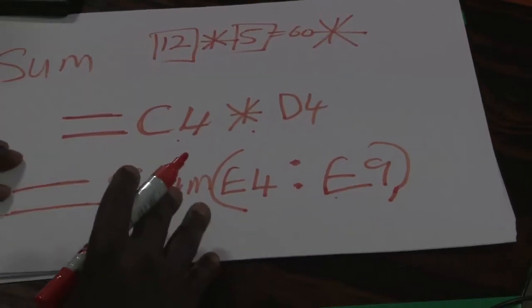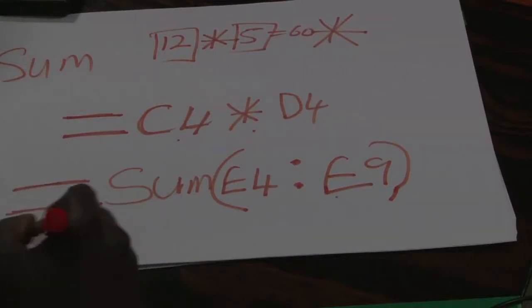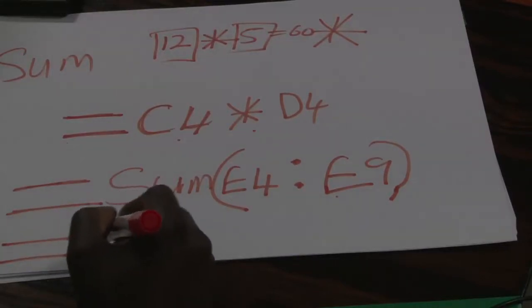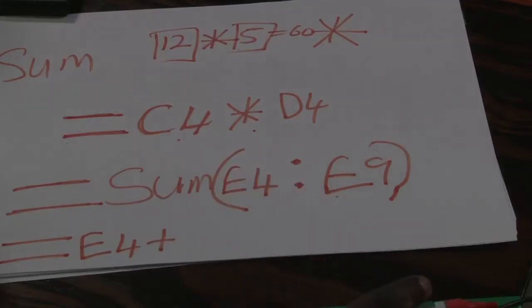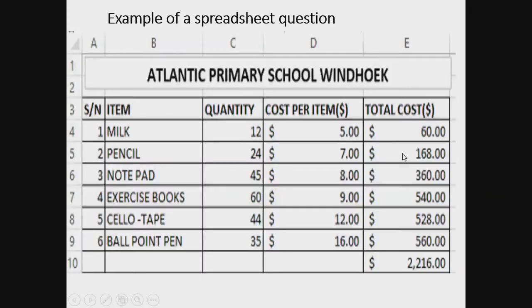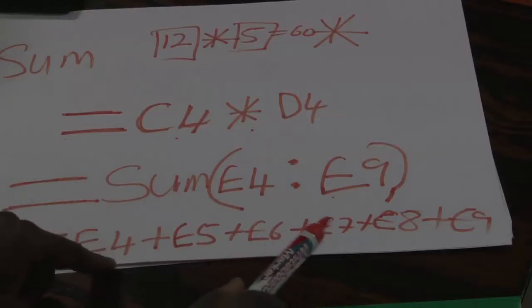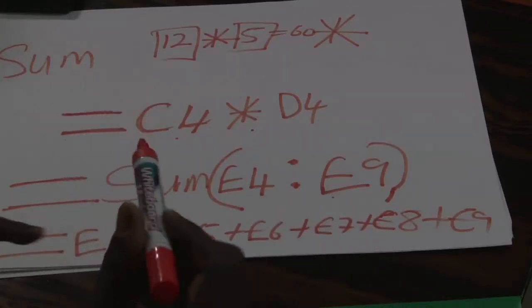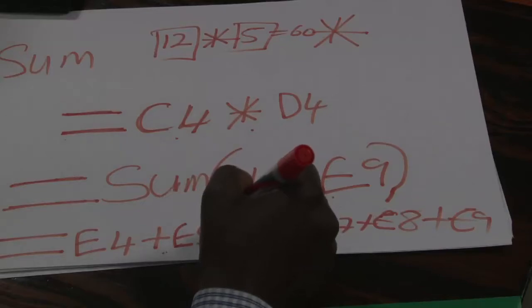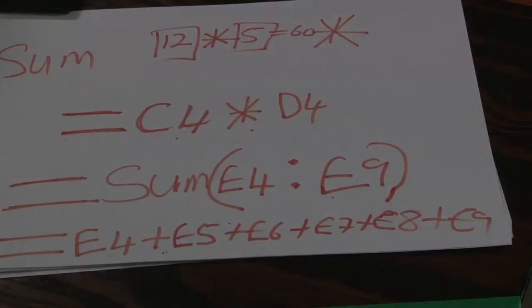I can write it also this way: equal, taking it one by one, E4 plus E5 plus E6, plus E7 plus E8 plus E9. I took them one by one from the table. But there's a big danger with the second method. If I mix up E5, then automatically everything will be wrong.